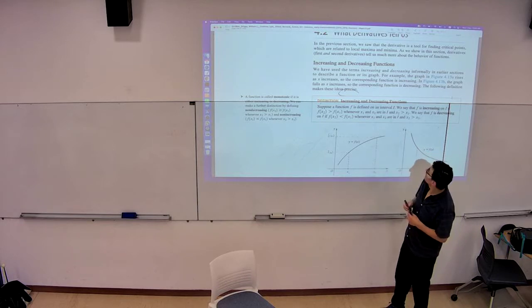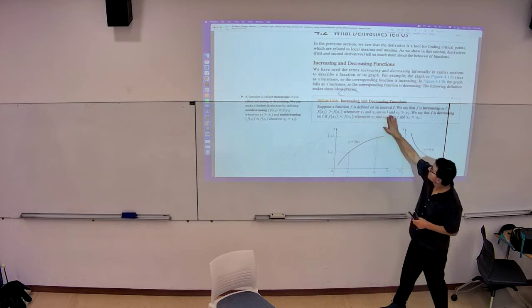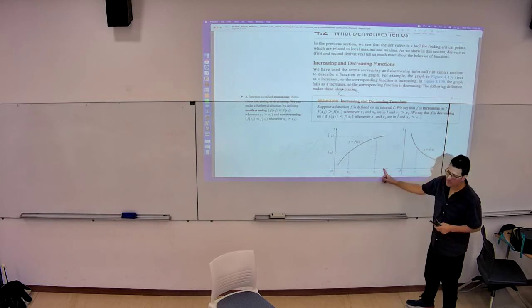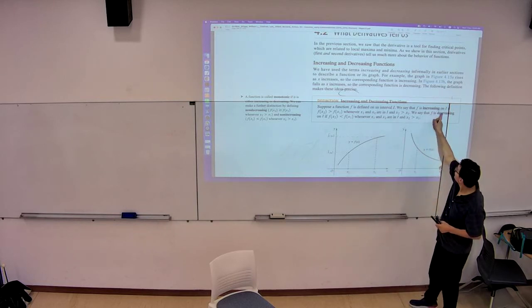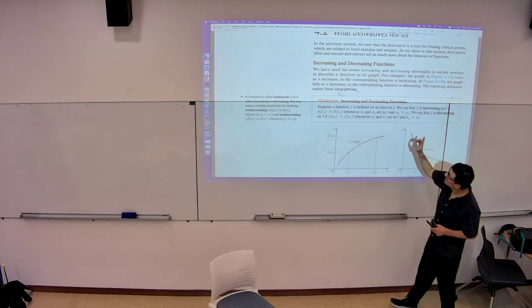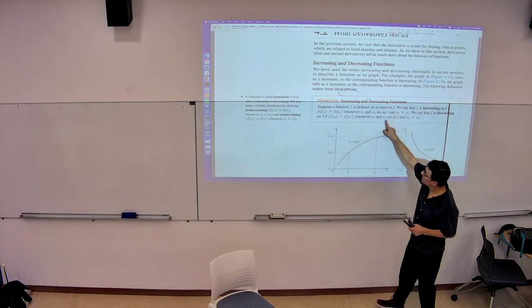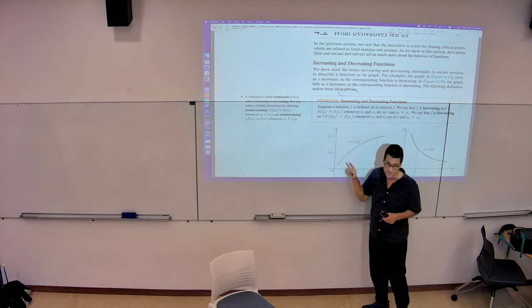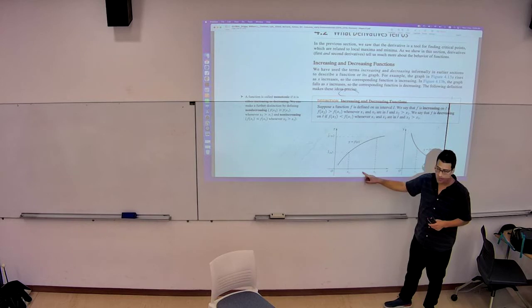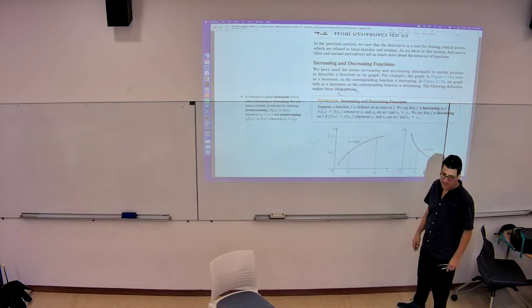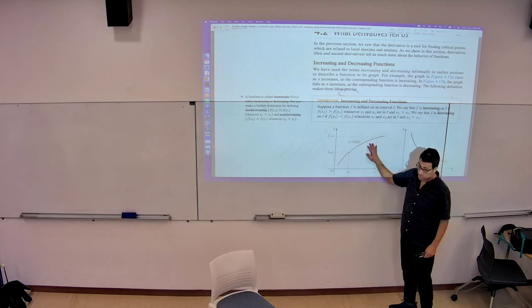Suppose that a function is defined on the interval I, in this case an interval from 0 to probably 5 up there. F is increasing on that interval if whenever x1 is less than x2, then f of x1 is less than f of x2. That's the situation we depicted down here. Clear? Okay, so the function is increasing.